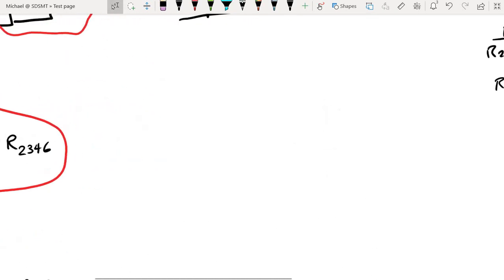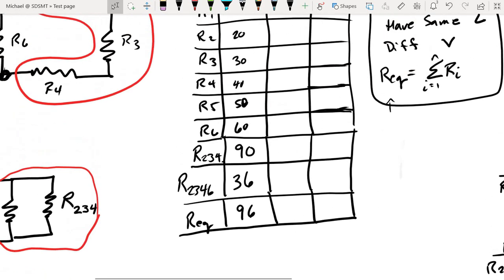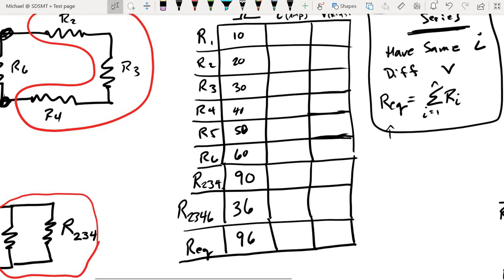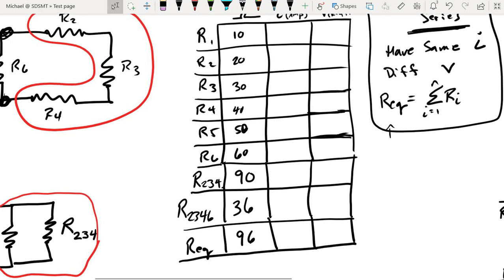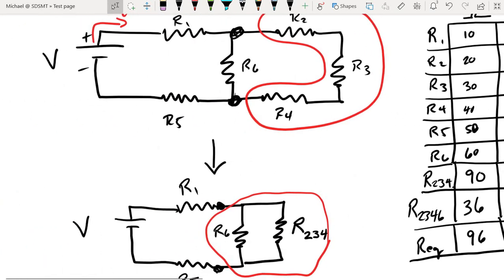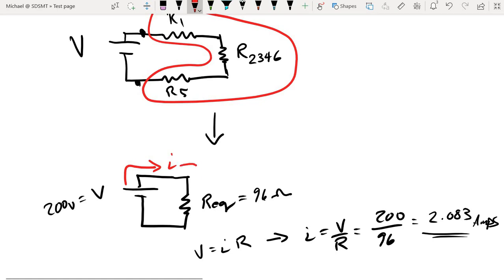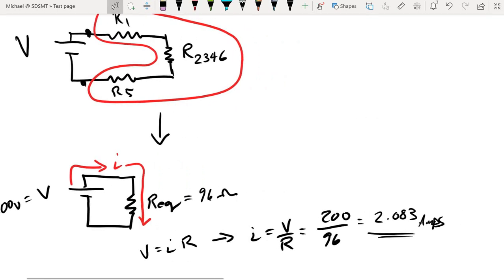And if you've been wondering, when are we going to start filling in the other values on this chart? Well, now is the time. I just solved for the current that was coming out of the battery. That was the 2.08 amps. But where is that current ultimately going to have to go? It's going to have to go through that equivalent resistor. That's the only place it can go.